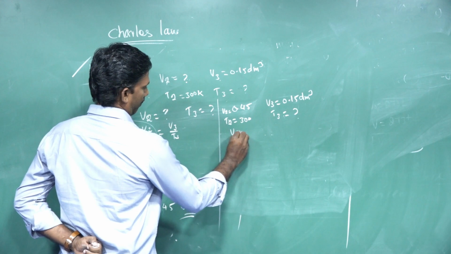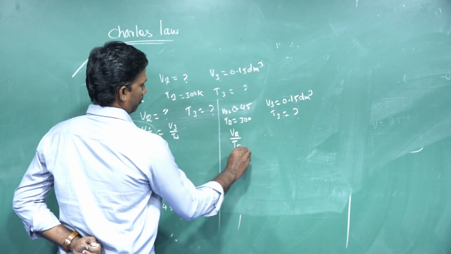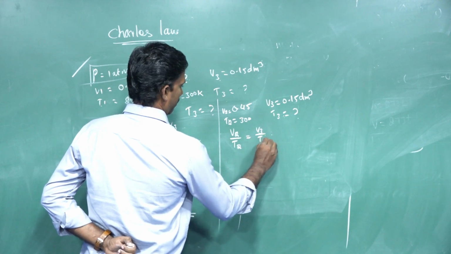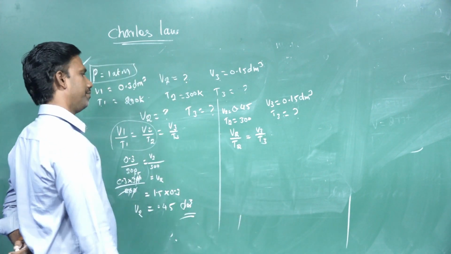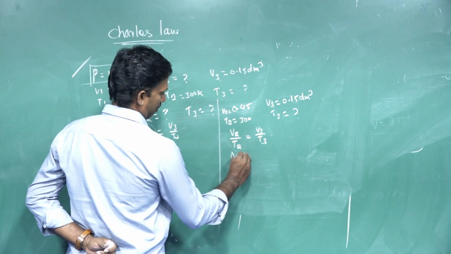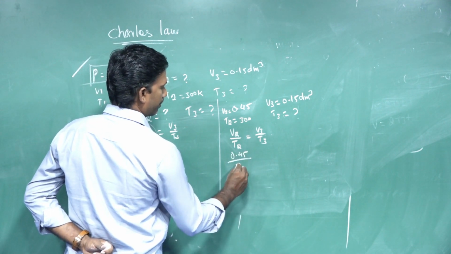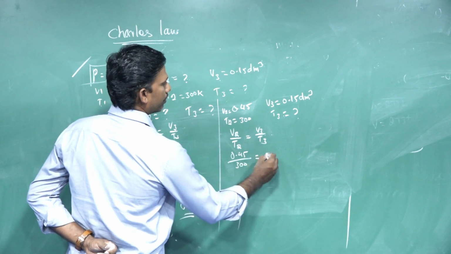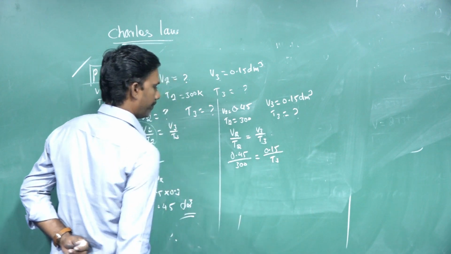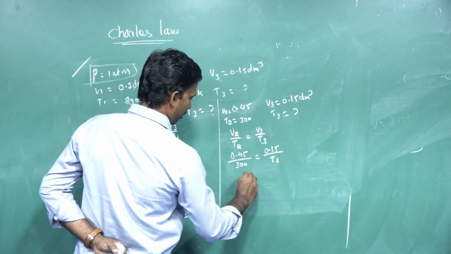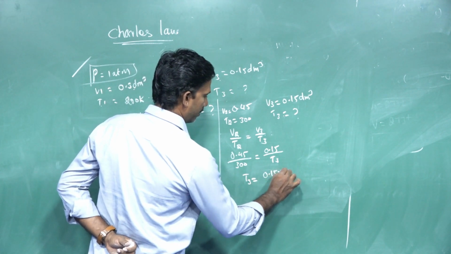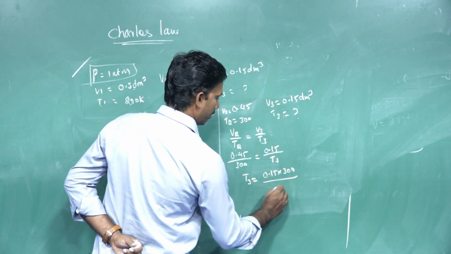We have the formula V2 by T2 equals V3 by T3, according to Charles law at constant pressure. Now we substitute the data: 0.45 by 300 equals 0.15 divided by T3. So for T3, we convert it like this: 0.15 into 300 by 0.45.